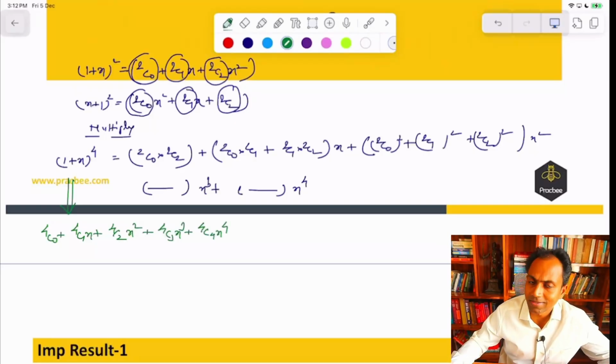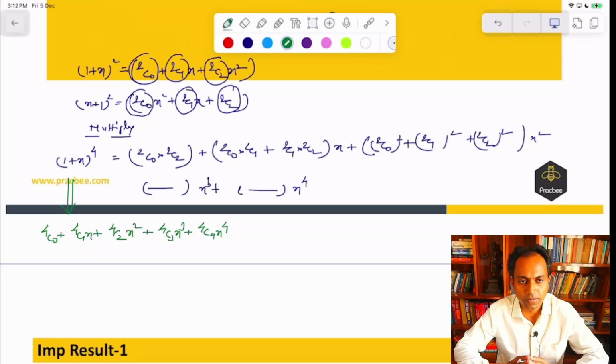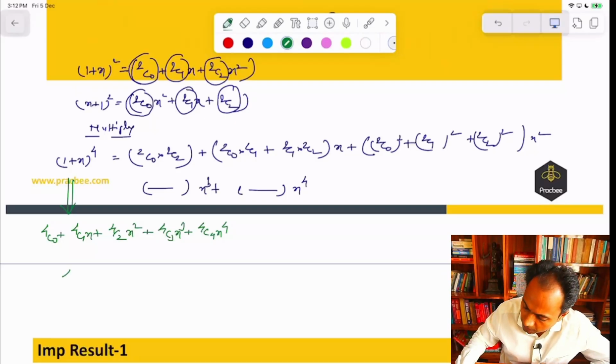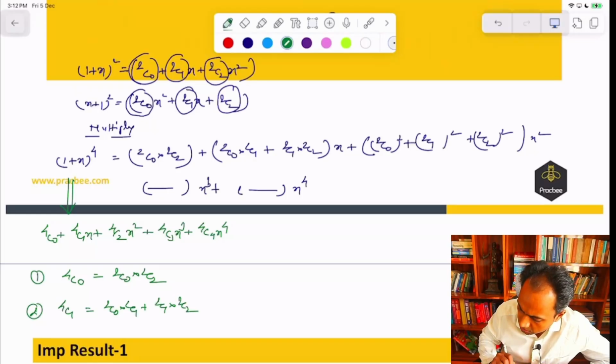So what we are saying is, since both of these series are equal, the corresponding coefficients of x should also be equal. That would mean if I compare both of them, my 4c0 should be equal to 2c0 into 2c2. First result. My 4c1 should be equal to 2c0 into 2c1 plus 2c1 into 2c2.